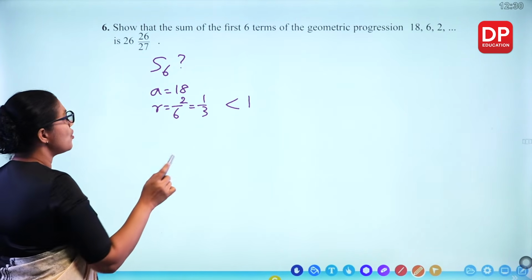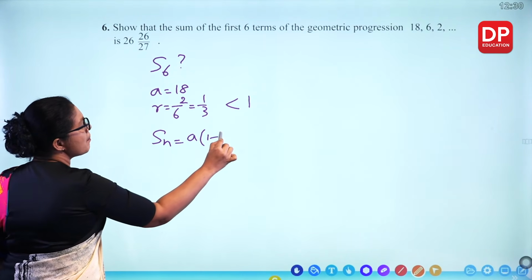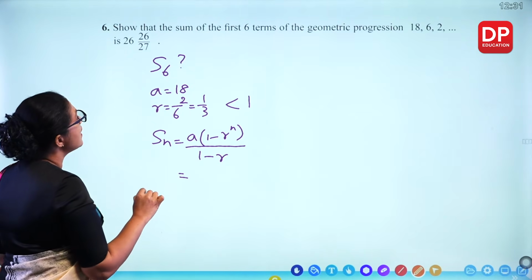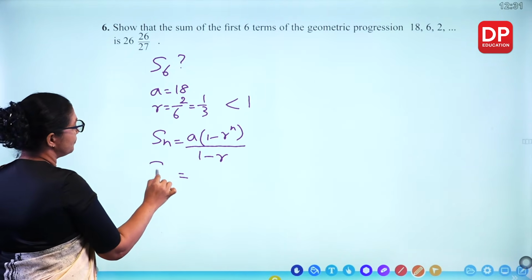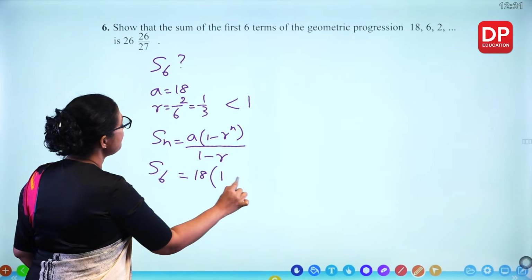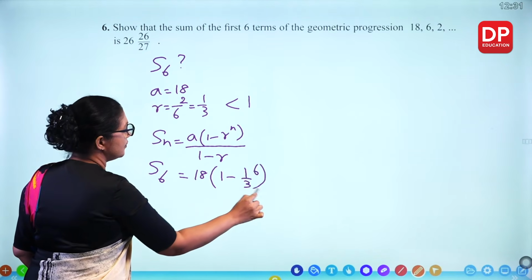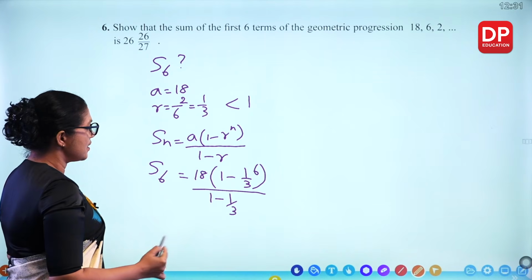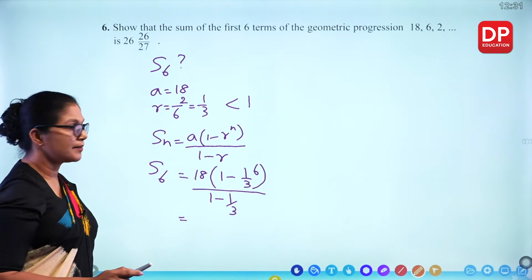Use the correct formula. Sn equals 1 minus R^n over 1 minus R. S6 we need. N is 6. First term is 18 and R is 1/3. 1 minus 1/3.